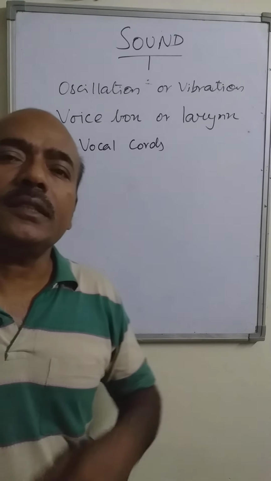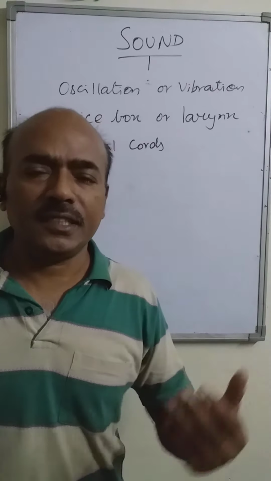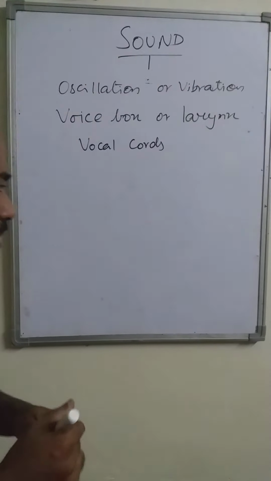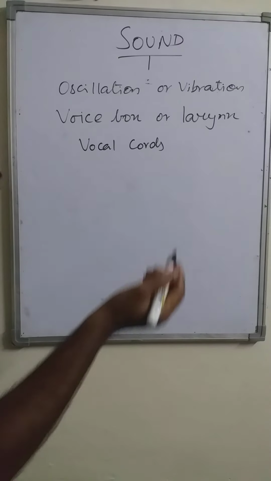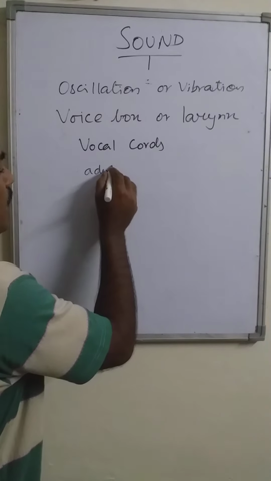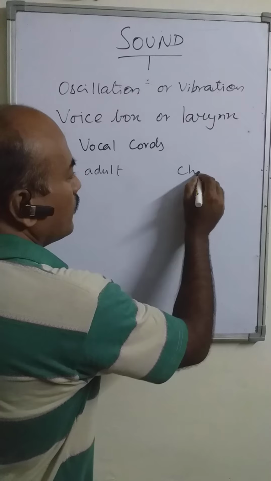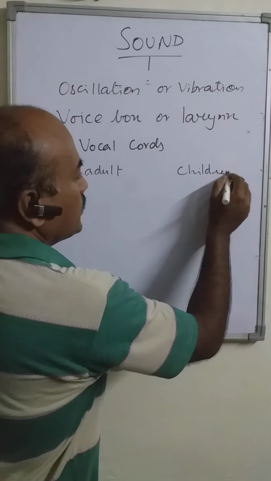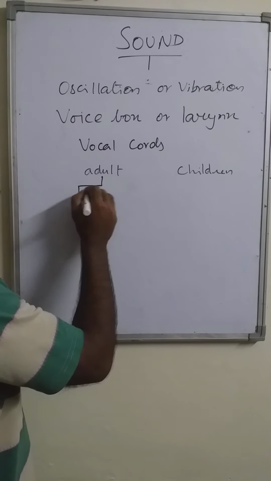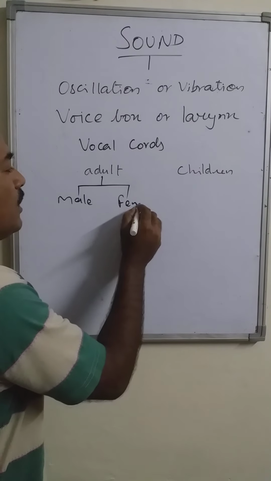But the sound produced from every human being is different. Every human being means we categorize the human beings as adults, grown adults, and children. In adults also, male and female.